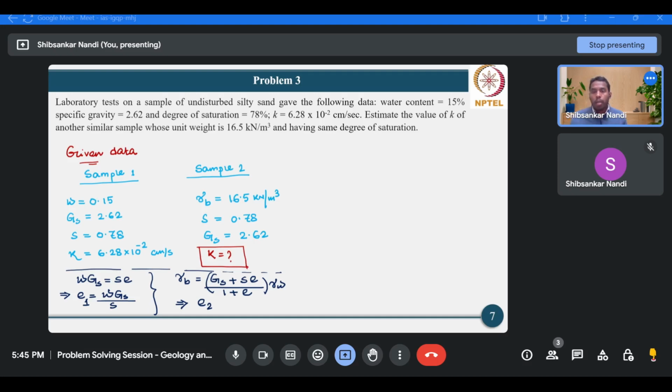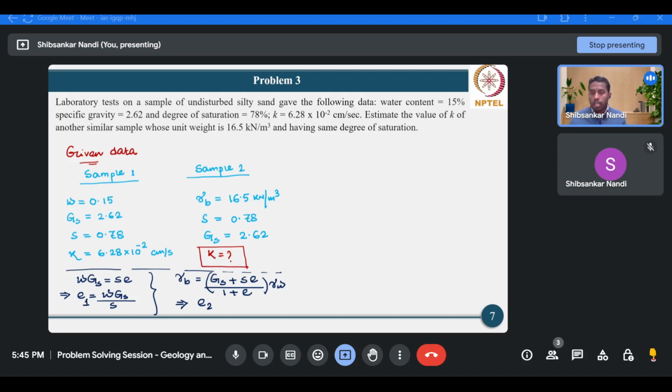Otherwise, you have to calculate the hydraulic conductivity value for sample 2 separately, because you know the possible factors which can affect the hydraulic conductivity of a soil sample, like the properties of the soil matrix, grain size distribution, the pore structure, the viscosity of the pore fluid, and the void ratio. So these are the factors which can affect the hydraulic conductivity of a sample.